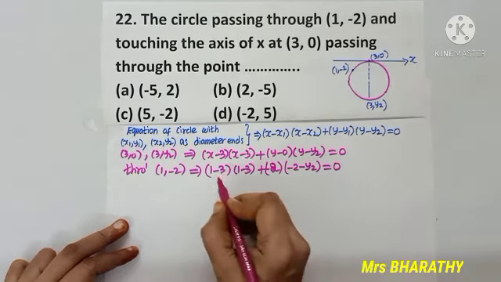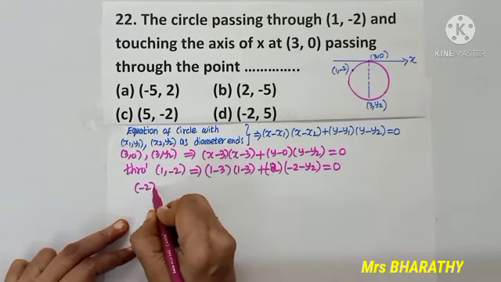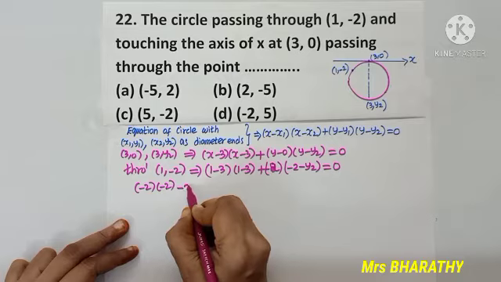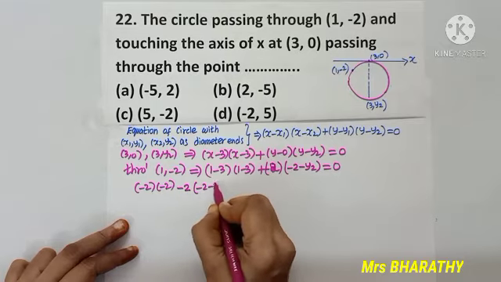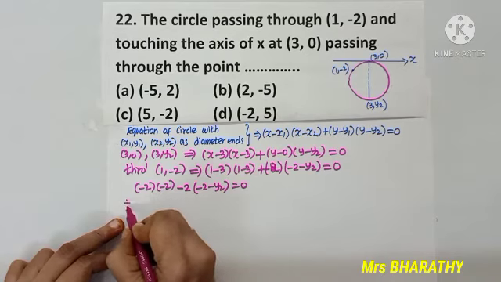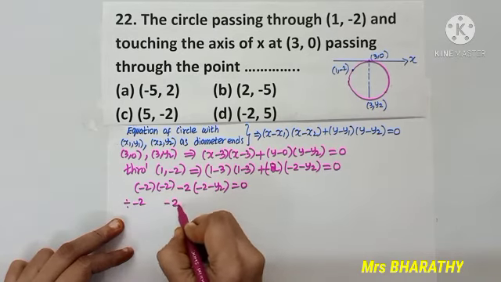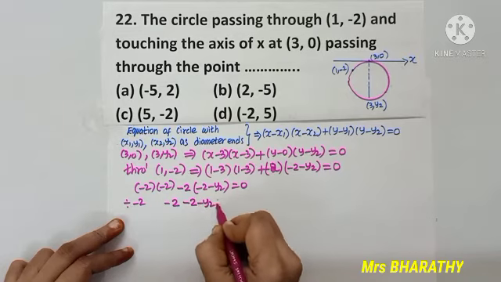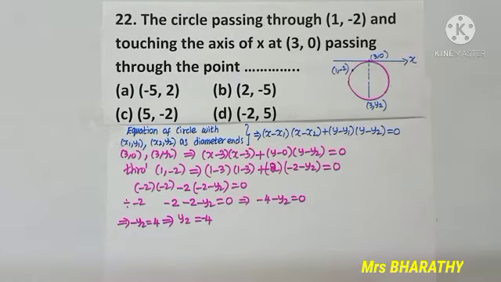Y is minus 2, minus y2, that is 0. As I simplify, it is minus 2 into minus 2, minus 2 into minus 2 minus y2 is 0, or dividing by minus 2, minus 2 minus 2 minus y2 equal to 0. As we simplify, we get y2 as minus 4.